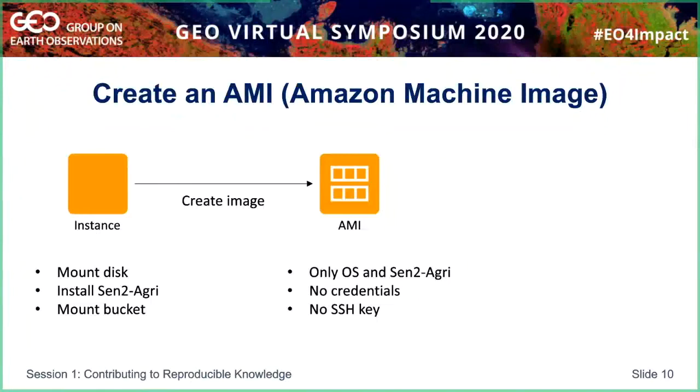So that AMI will contain only the operating system and the Sen2Agri system. So no data on that image, no credentials. So the credentials are used because when you use the Sentinel images, you have to query on the SciHub, and when you want to use Landsat images, you have to query on the USGS, and so you have to put some credentials in Sen2Agri to access those data providers.